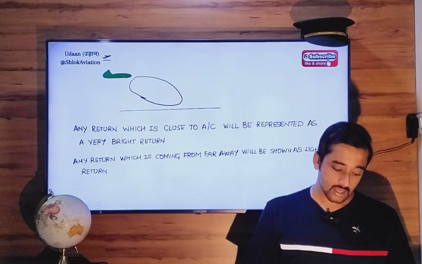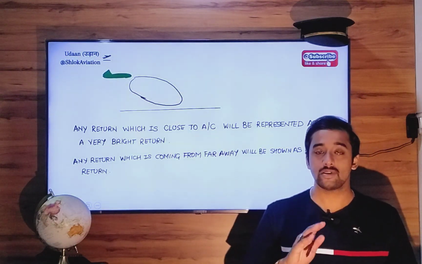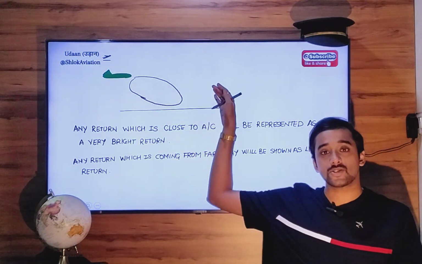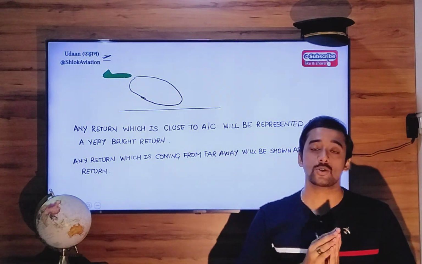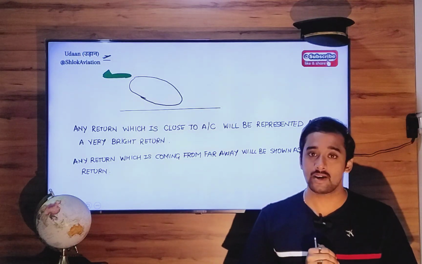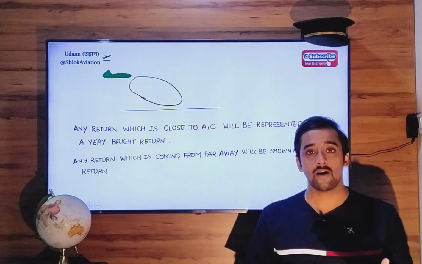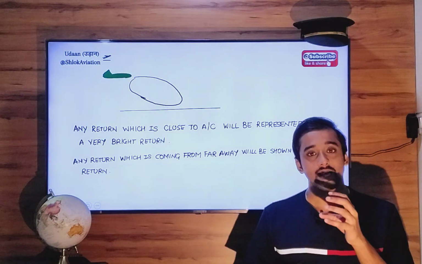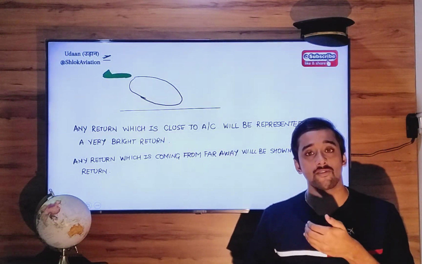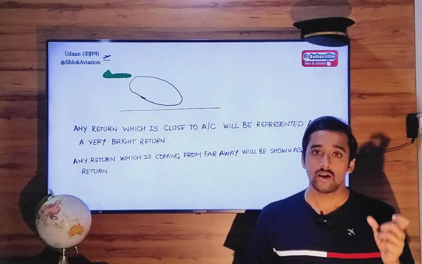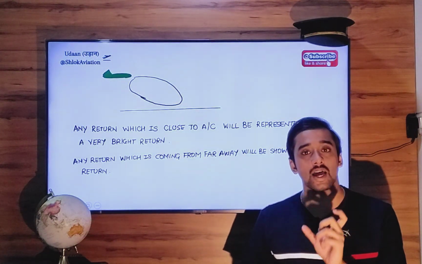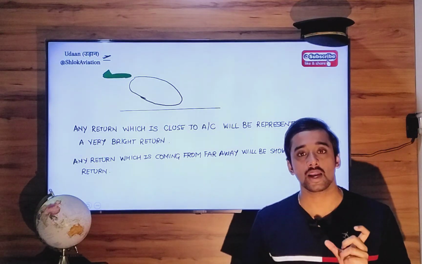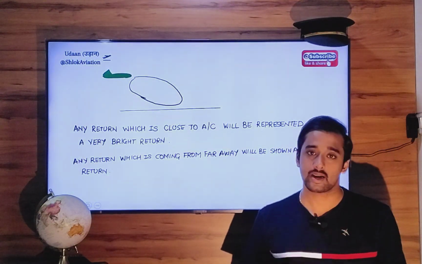That means for the beam going at a much farther distance from the aircraft, the transmitter power at which this beam is sent to far away distance will be increased. The return coming from a target very far away from the aircraft will then be represented in the same manner as the return from a target close to the aircraft.